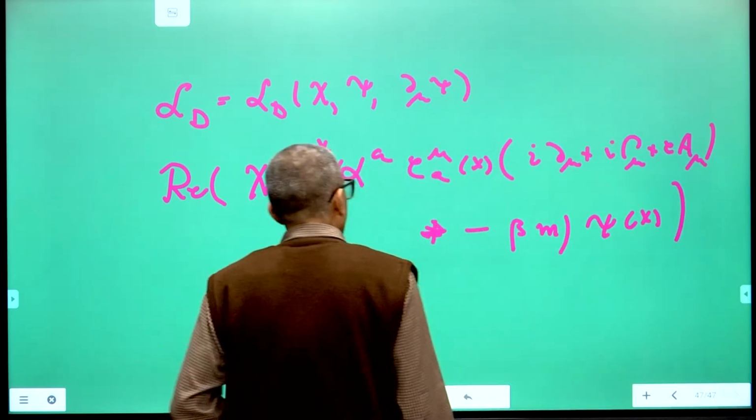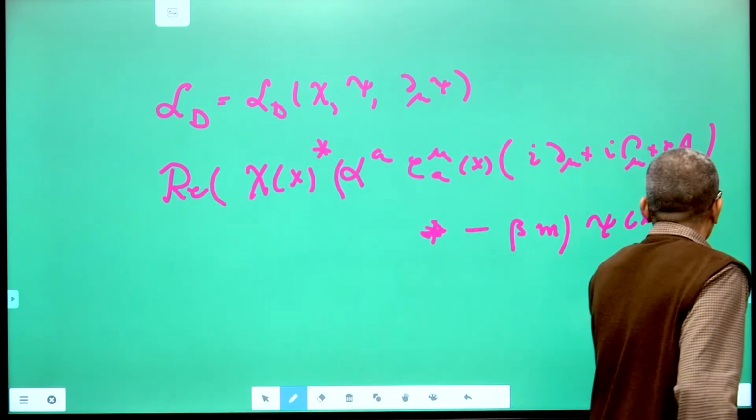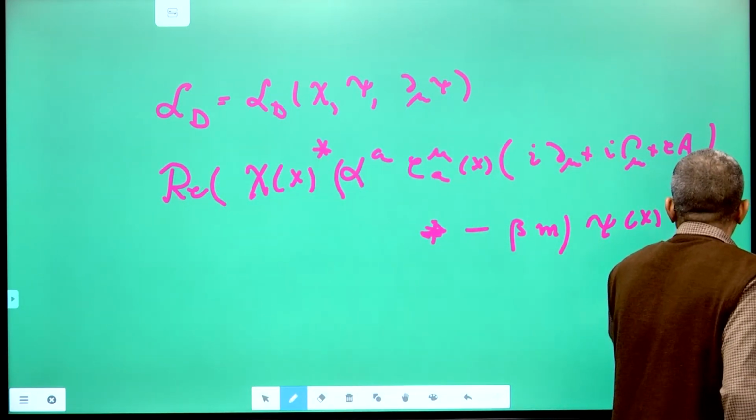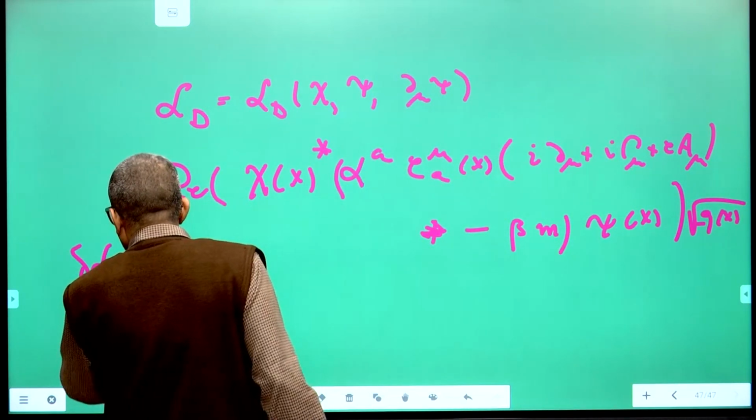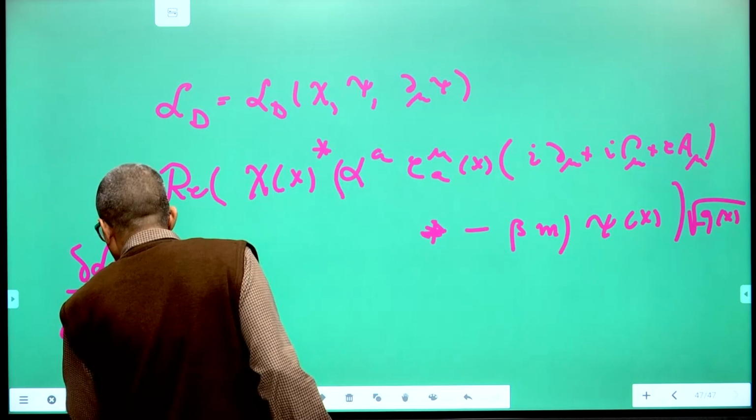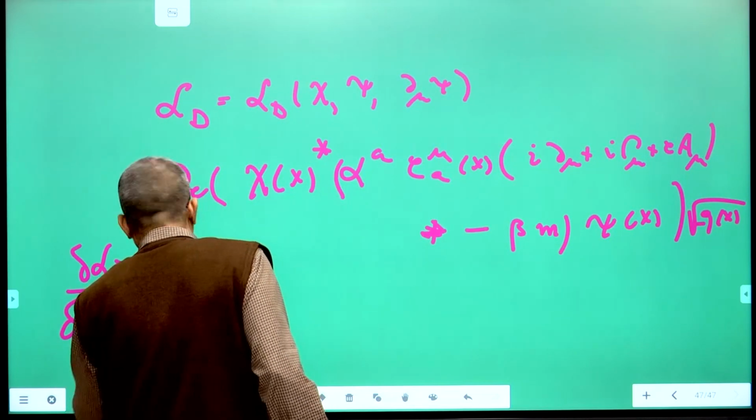If you put a factor root minus g, and take the variational derivative of the Lagrangian density with respect to psi of x and put it equal to 0, what do you get?